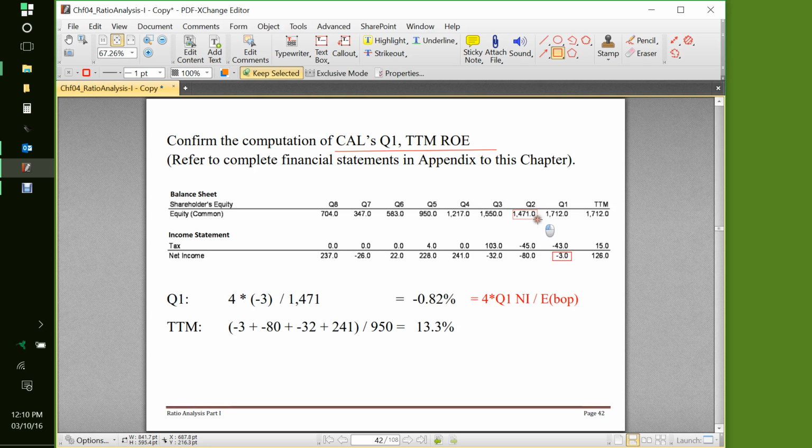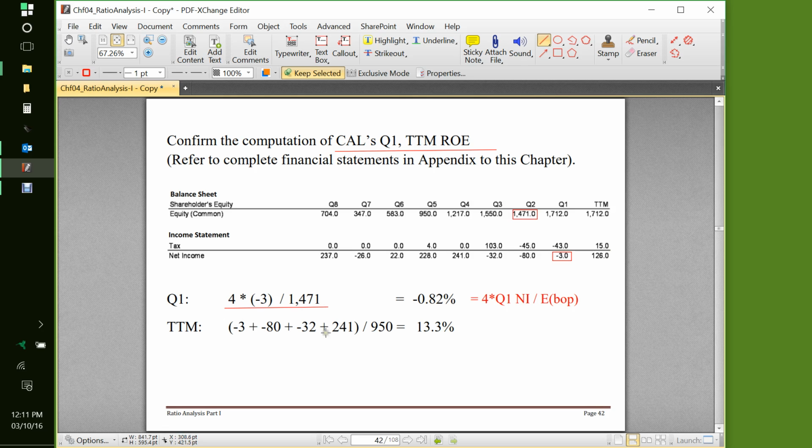The equity at the beginning of the quarter is the end of period equity for Q2, right? Remember, every balance sheet is always done as of the end of the period. End of quarter 2 is the same as beginning of quarter 1. So that's where I get that. So I should have minus 3 times 4 divided by 1,471. And I look over here, and that's exactly what I've got. So I'm pretty happy with that.